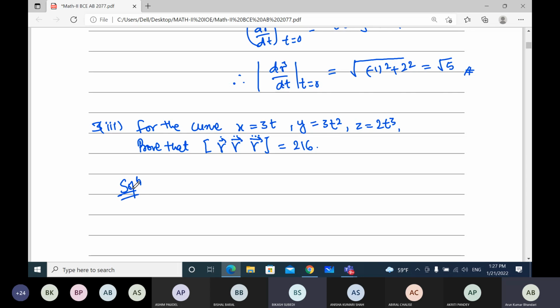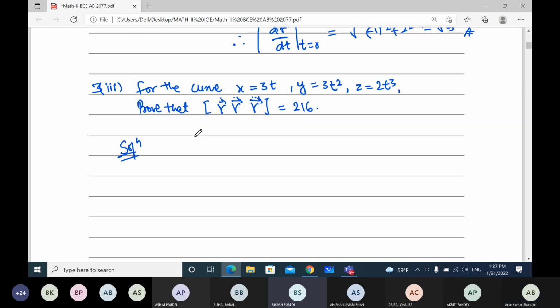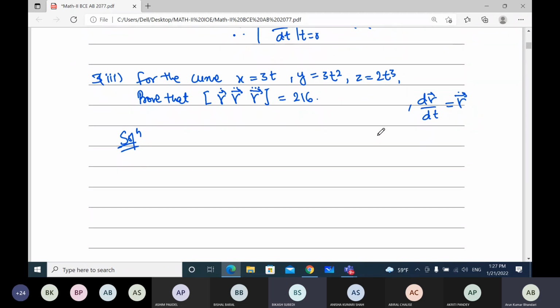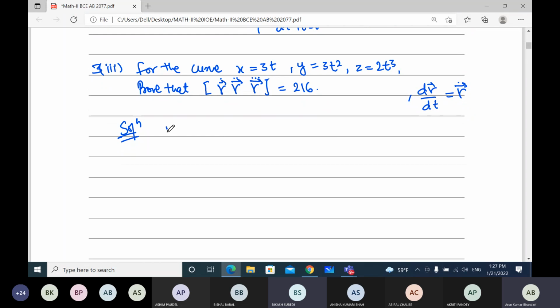The particle is moving on the curve, and the first order derivative is velocity. Remember that dr by dt is denoted simply by r dot. The second order derivative is the double dot, the third order derivative is the triple dot. We know r(t) equals x(t)i plus y(t)j plus z(t)k.